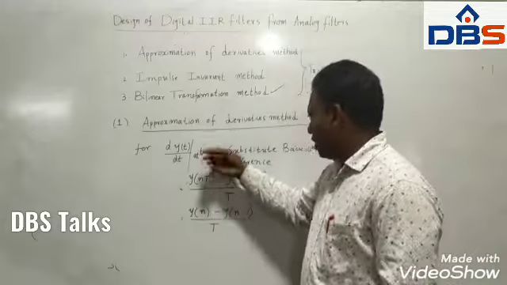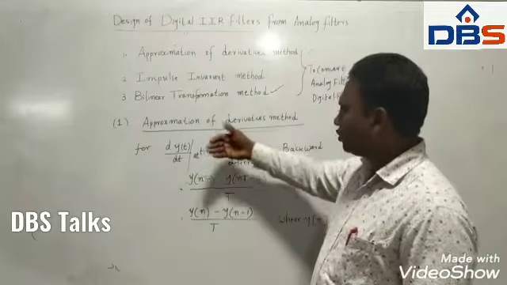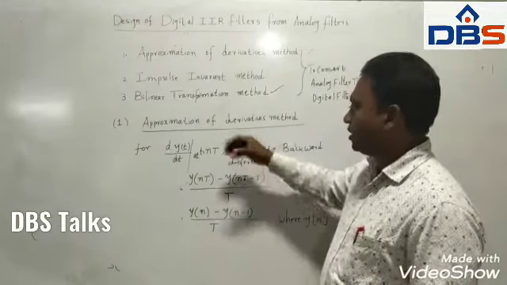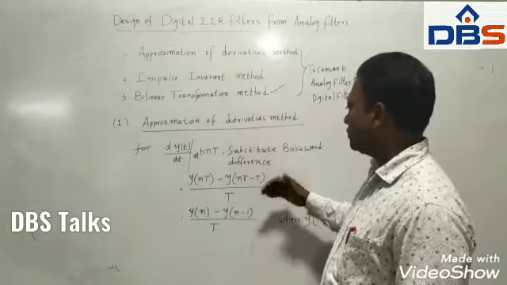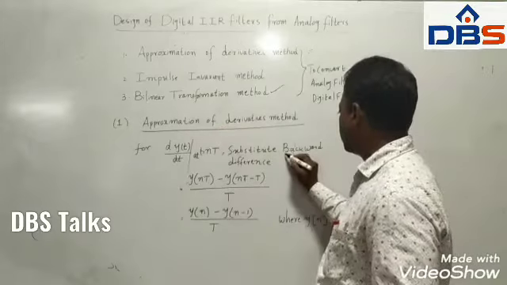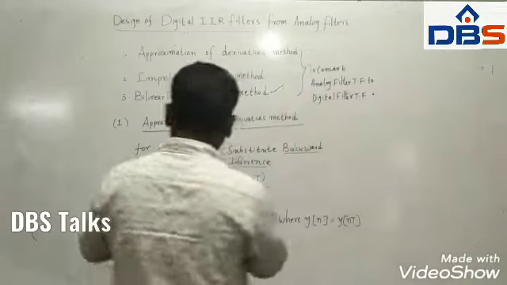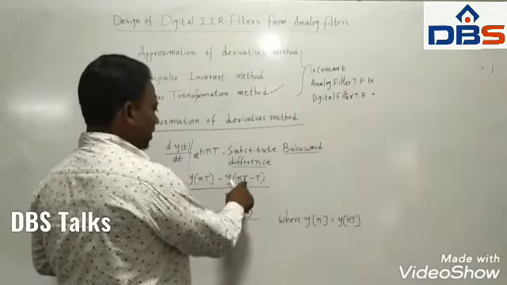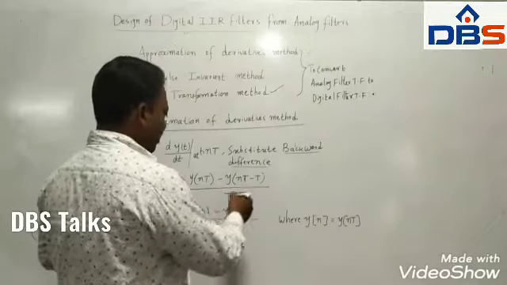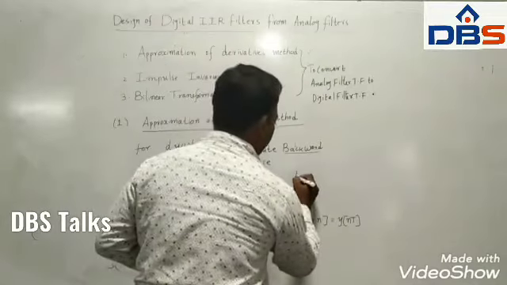Now, to convert this analog filter function into a digital filter, we have to take the backward difference equation: y(nT) minus y(nT minus T), where T is the sampling interval.